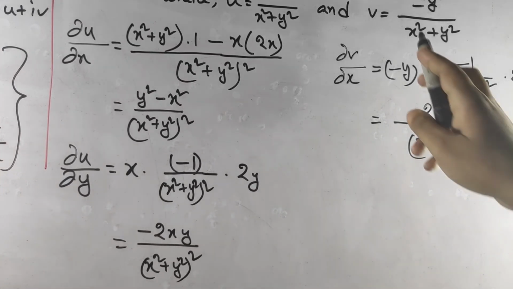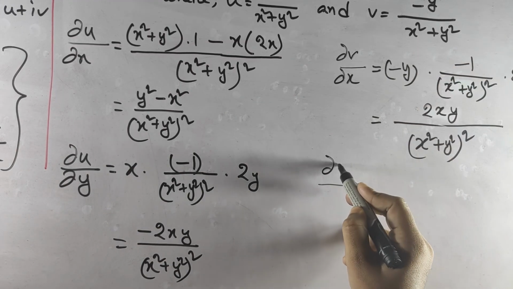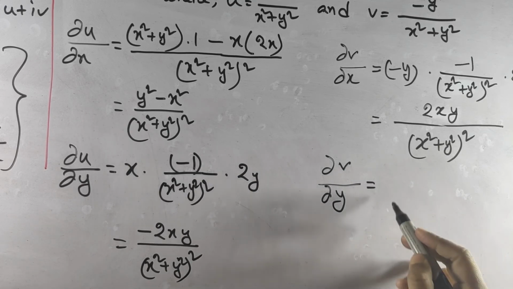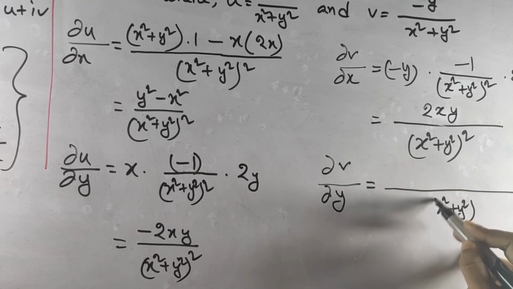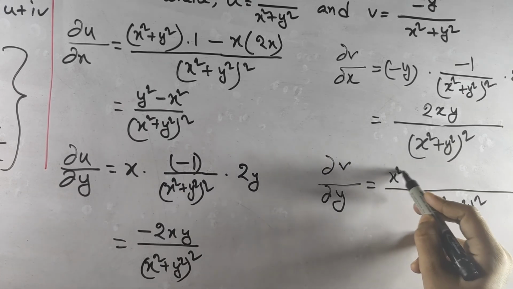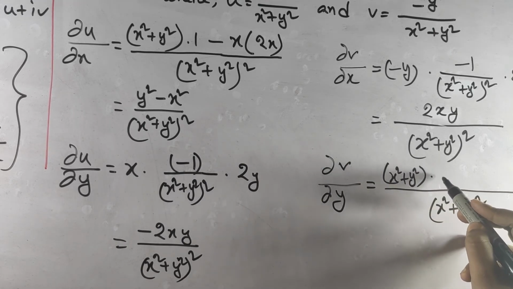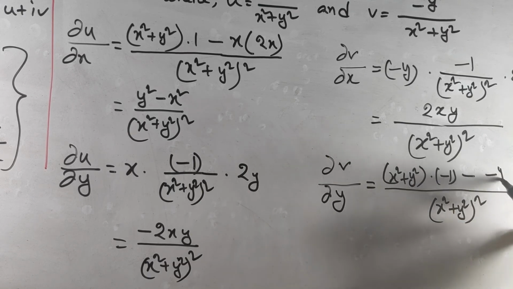Now we will partially differentiate v with respect to y. Minus y over (x square plus y square) whole square, differentiating gives minus 1 minus y into 2y.